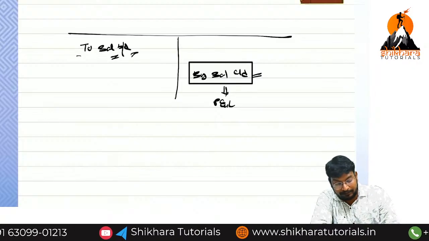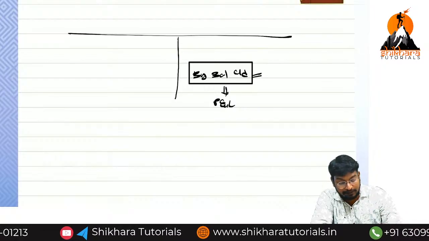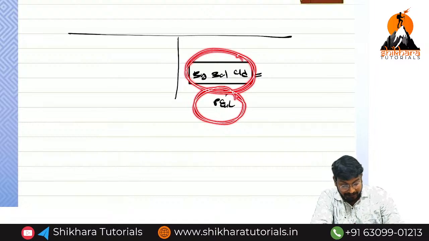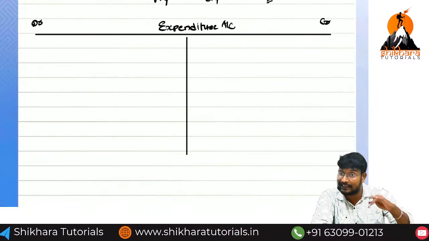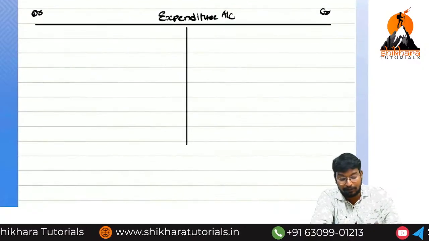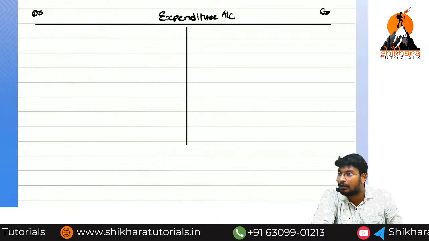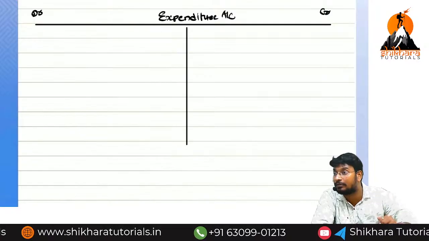So for the debit balance, instead of by balance carried on, we are directly putting the P&L account. For that reason, the overall expenditure account does not have an opening balance. We have a closing balance, but we need to transfer it to the P&L account.